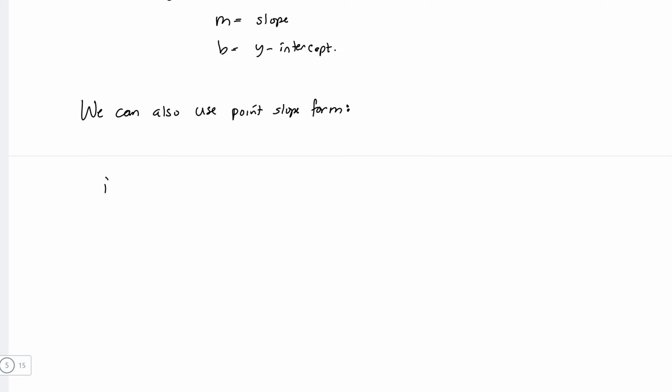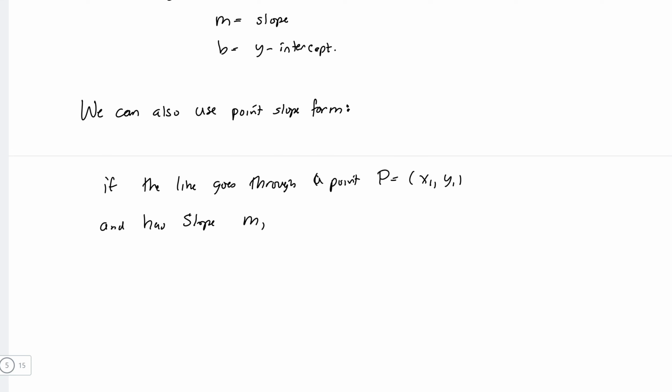The slope-intercept form is a special case of this. So in this case, if the line goes through a point, it doesn't have to be the intercept this time. So let's just say a point, call it P, and we'll call this x1, y1, and has slope m.